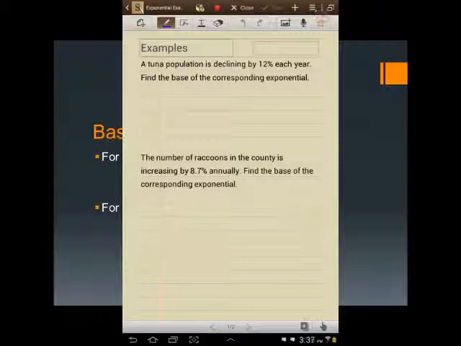We're declining. That means we're decaying. It's going down. So we're going to have 100% of the tuna we have minus 12% equals, means we have 88% left. So the base is going to be, with the decimal point, 0.88.